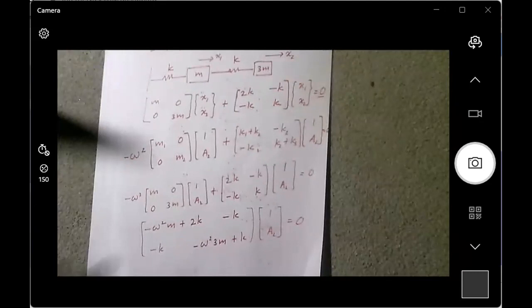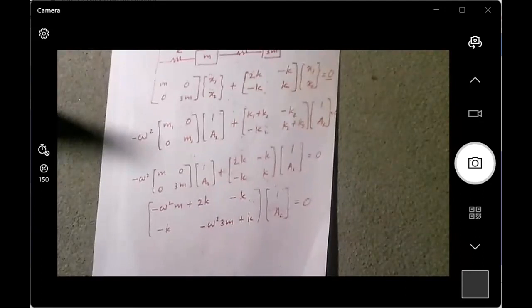Right? This equation we can format it to this type. Once you get this, one possible answer is this part becomes 0, which we don't need. But what we need is this one becomes 0. That means the determinant should be 0. So use that knowledge.